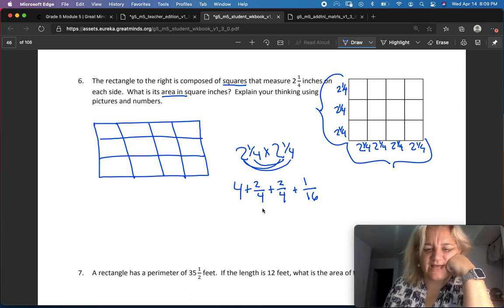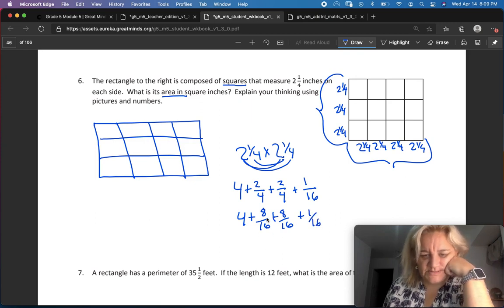Okay, now I just have to add, but I need to turn those into sixteenths. So that would be 4 plus 8/16 plus 8/16 plus 1/16 equals, well, that's 16 16ths, which would just be 1, 5 and 1/16.